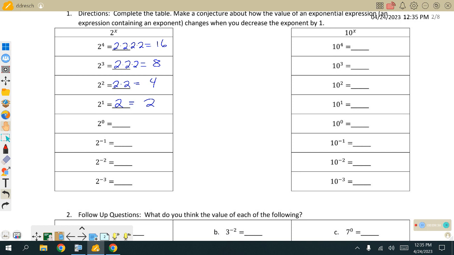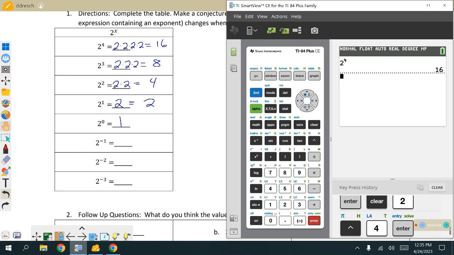So before you go to your calculator, somebody, what's 2 to the 0 going to become? 1. 2 divided by 2 is 1. So we kept dividing by 2. Now go to your calculator. What is 2 to the 0 power? Calculator says 1.